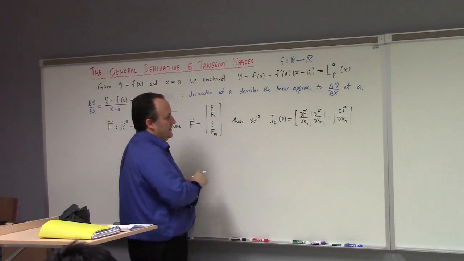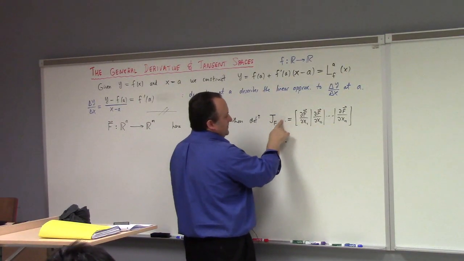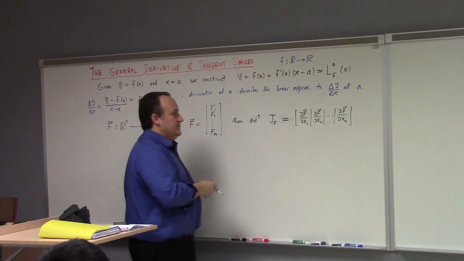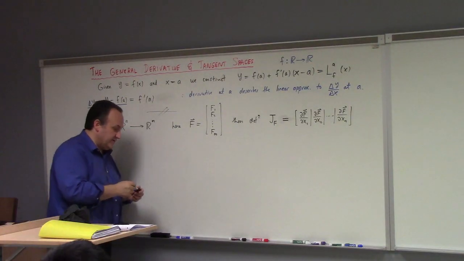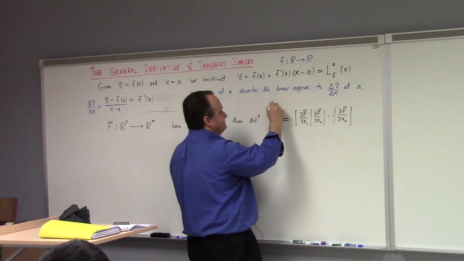And of course, let me erase the P here. I just want to think of it at an arbitrary point for the moment, but this is an m by n matrix of partial derivatives. So m by n matrix.